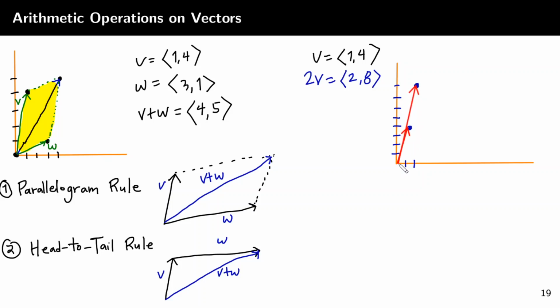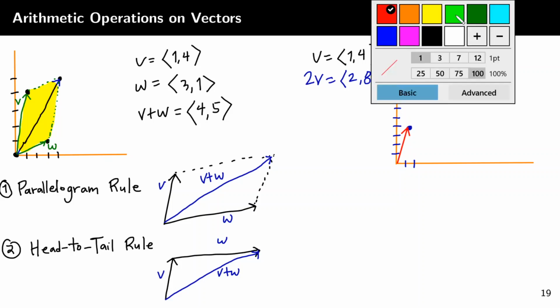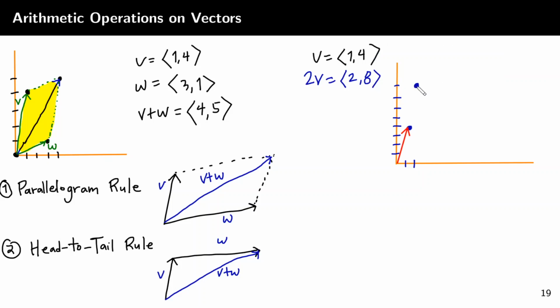Okay. Maybe let me use a different color. Gamit tayo ng green. Gamitin natin 50% yung transparency. Ayun. Okay, so what do you observe?